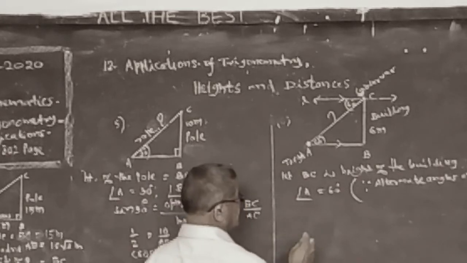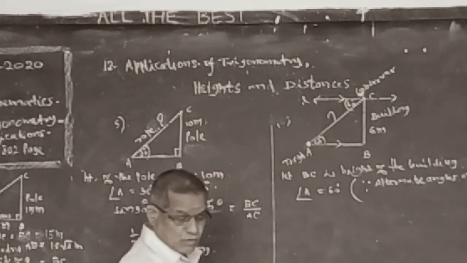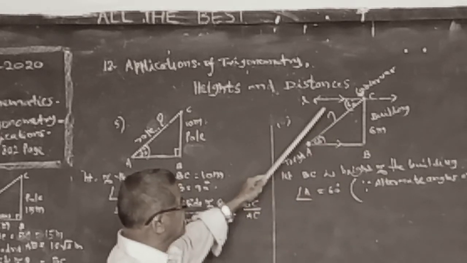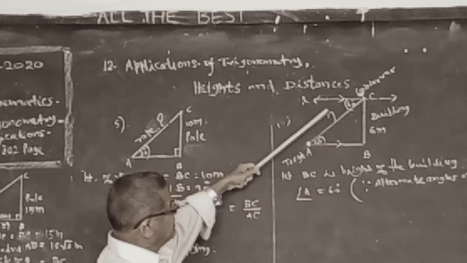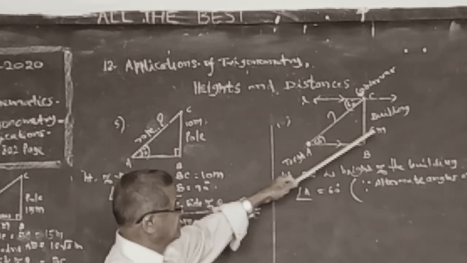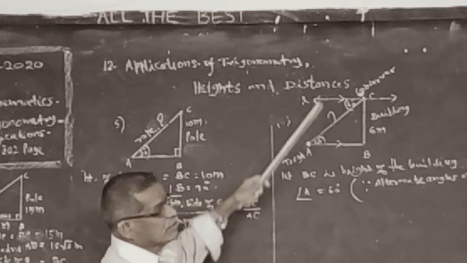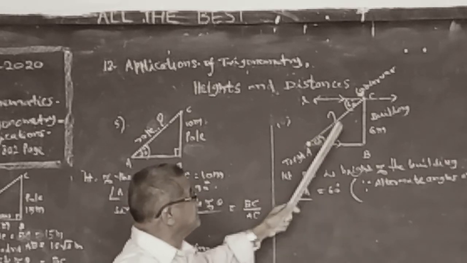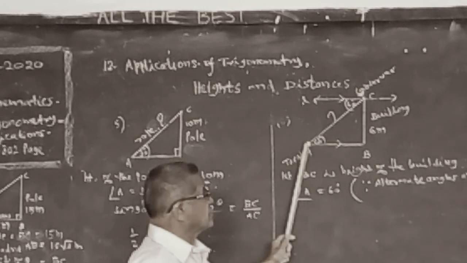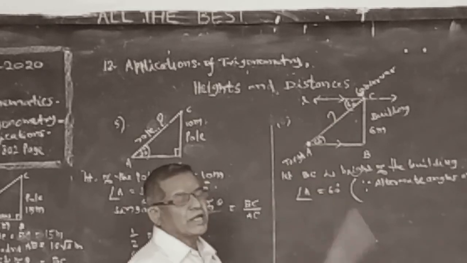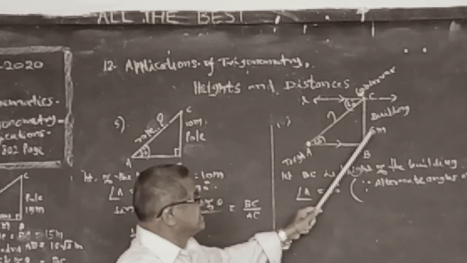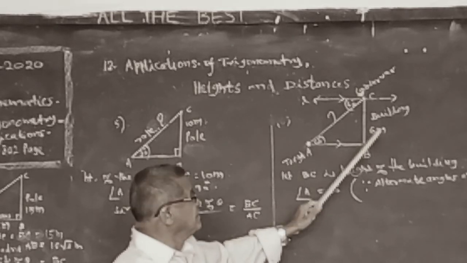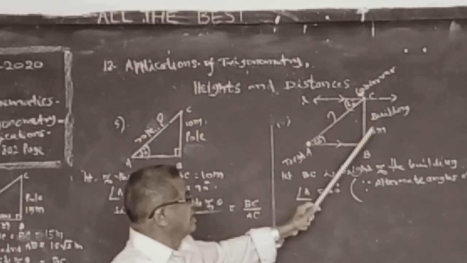Now we know the opposite side, given, which is opposite the angle, and we have to find the hypotenuse. Why hypotenuse? He is asking the distance between observer and the target. This comes to hypotenuse.